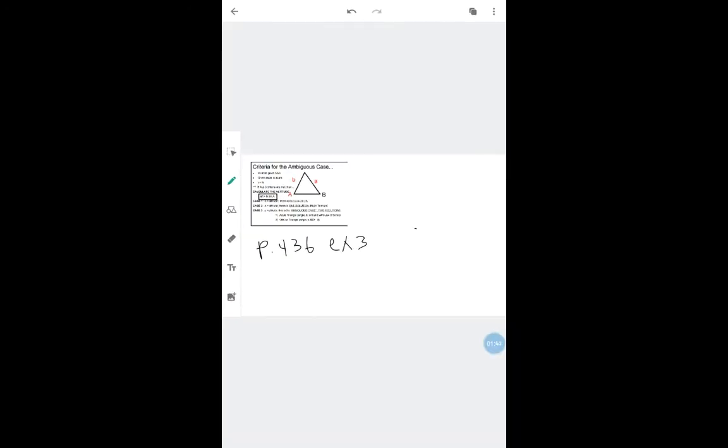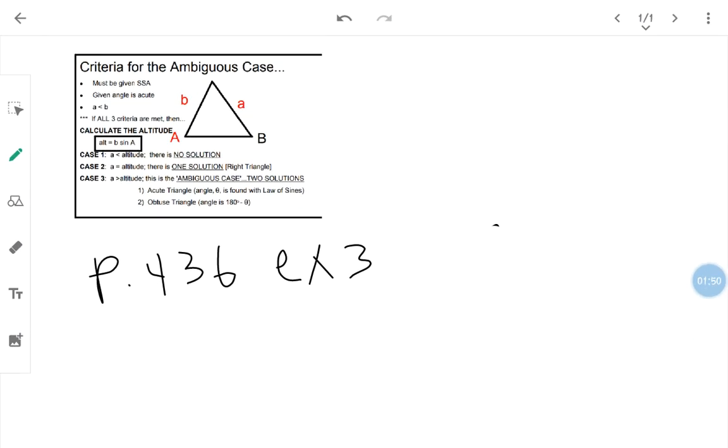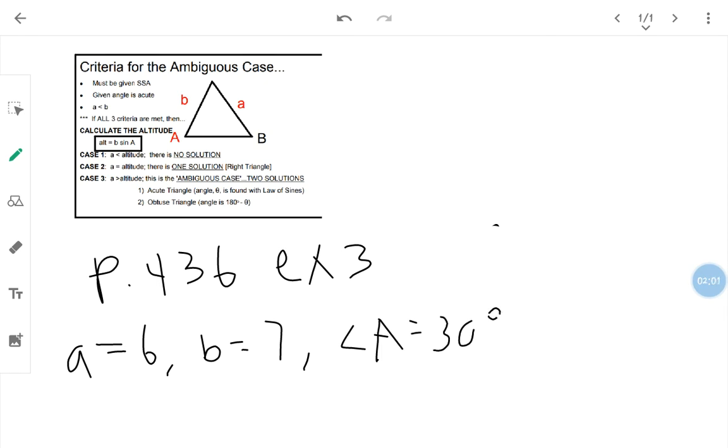We're going to work on this together. Solve triangle ABC, given that a equals 6, b equals 7, and angle A equals 30 degrees. Let's check our 3 criteria. Is this SSA?